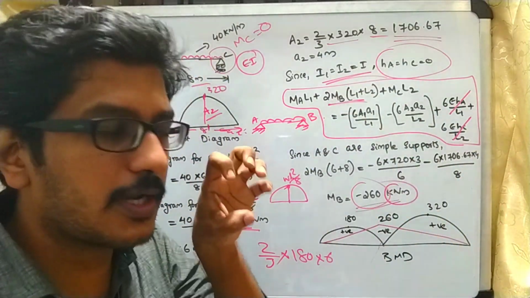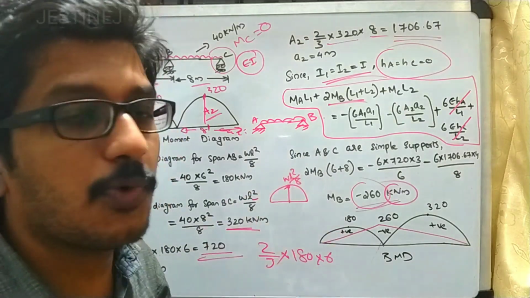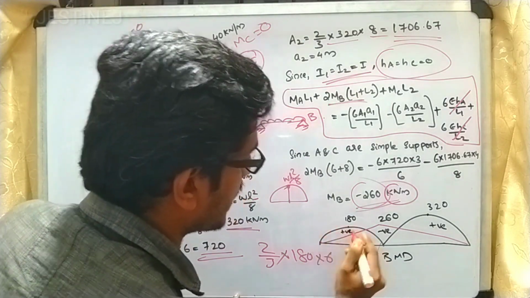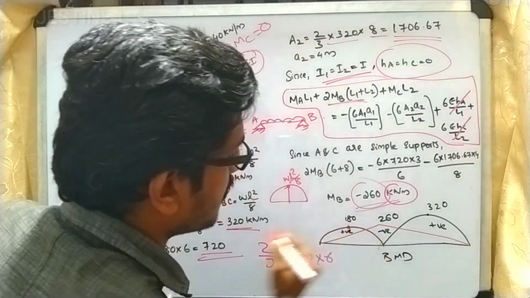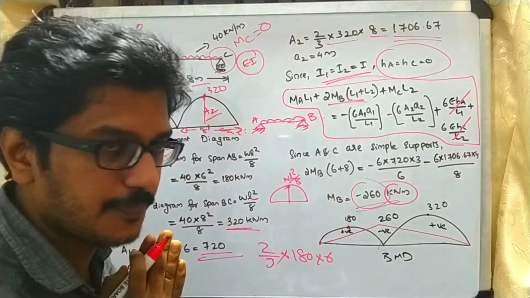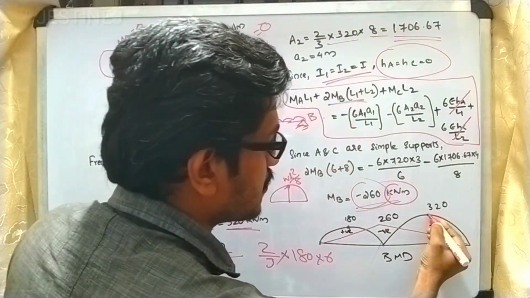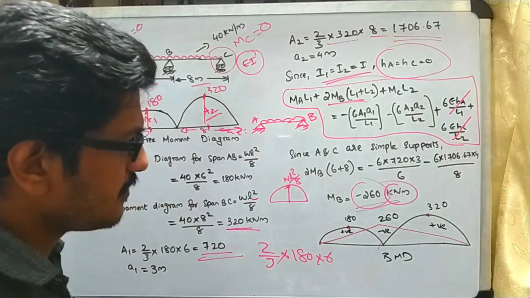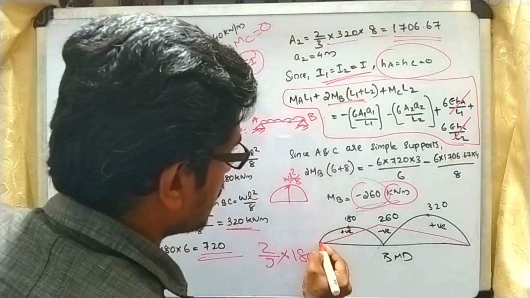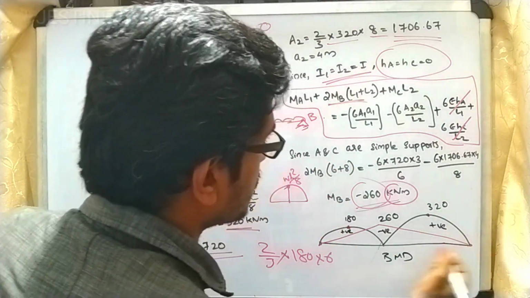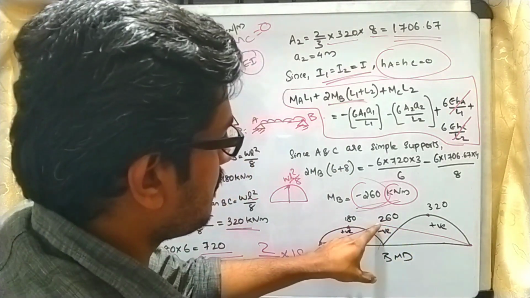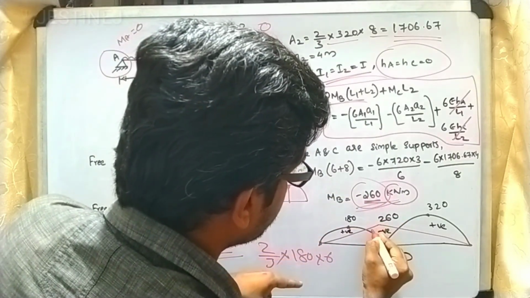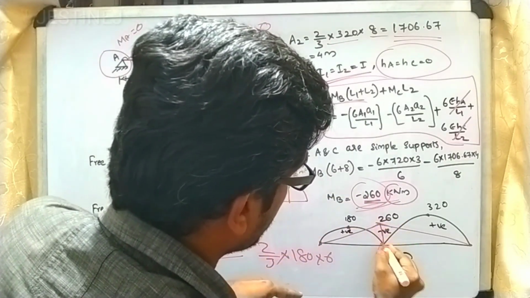In the given question, it is also asked to draw the bending moment diagram. For that, first consider the free moment diagram, which you can easily draw: the maximum ordinate value is 180 and it is positive. In the second span the maximum ordinate value is 320 and it is also positive. MA is 0 and MC is 0, but MB is minus 260, so you can draw the value as minus 260 in this format.